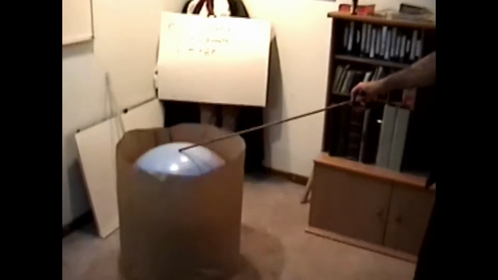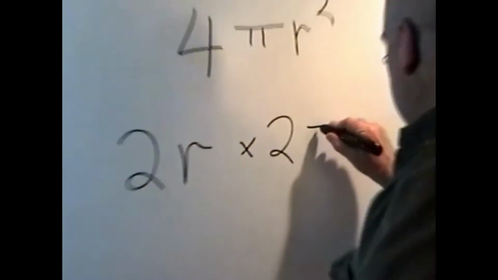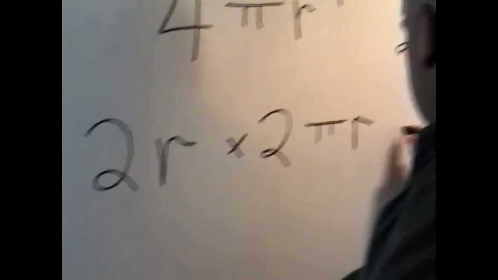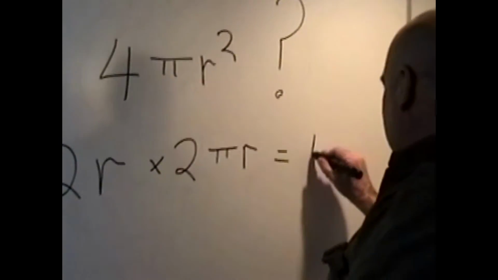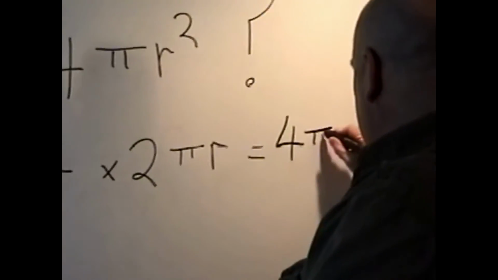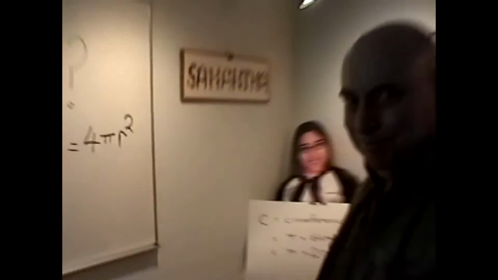And if we were to unwrap this paper, the length of the paper is going to equal the circumference of the sphere. And the circumference is equal to 2 pi r. And when we do the multiplication, we get 4 pi r squared.